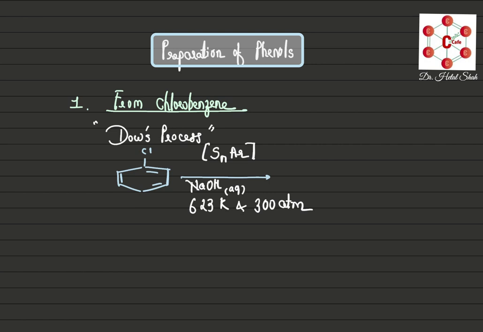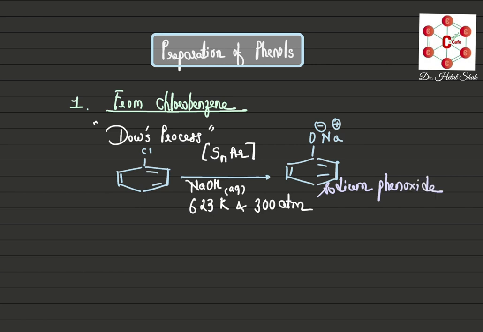All this would give us the first product. Because we have alkaline conditions, we cannot have OH formed, but it will remain in O minus and Na plus form. What is this called? This is called sodium phenoxide.